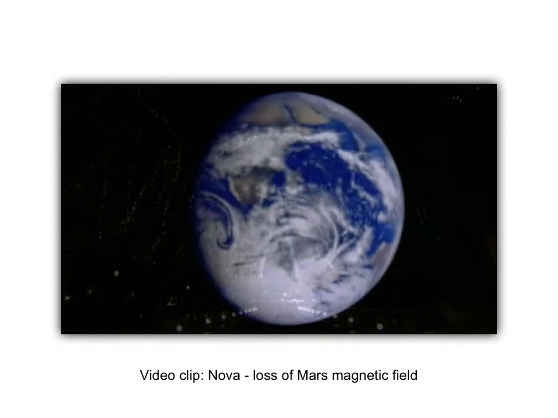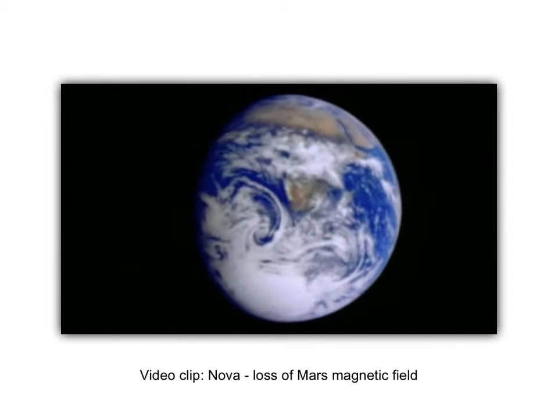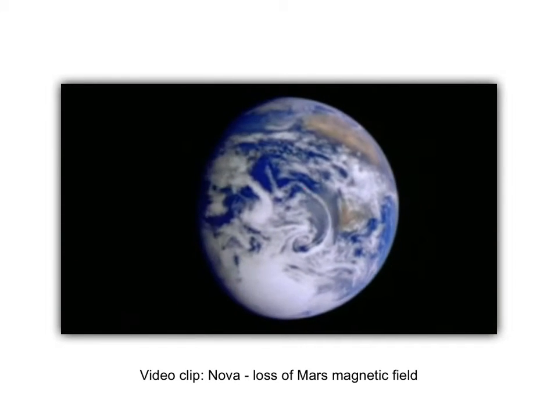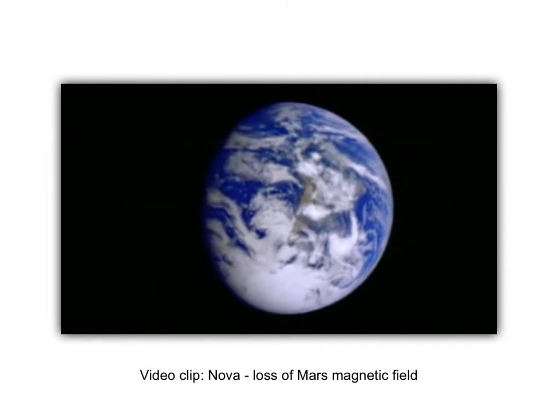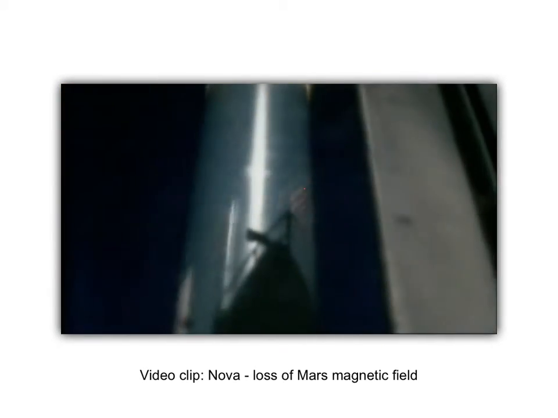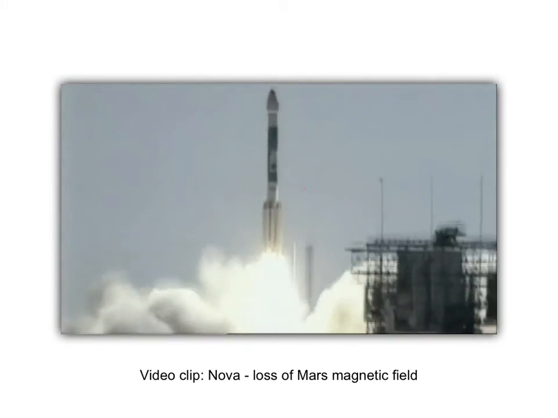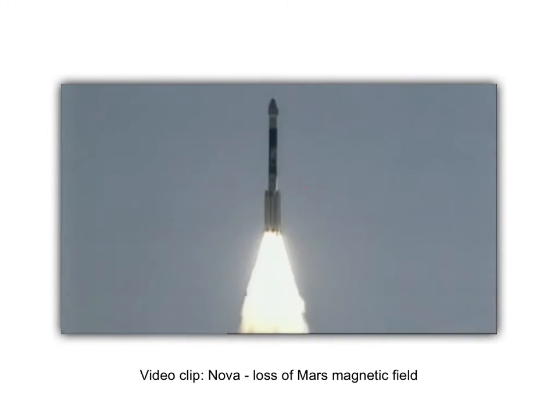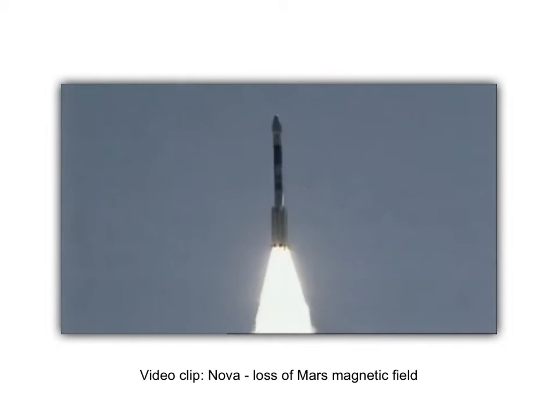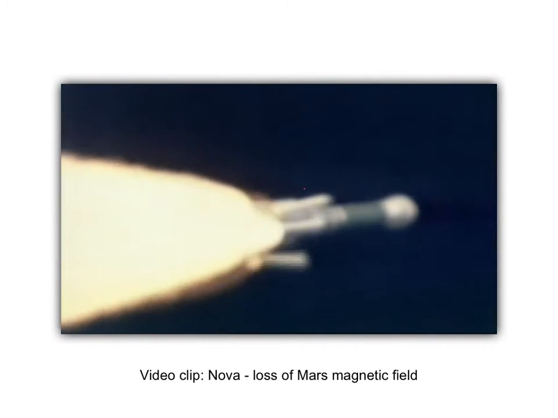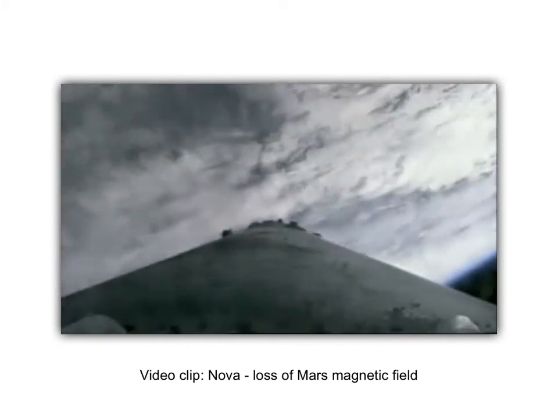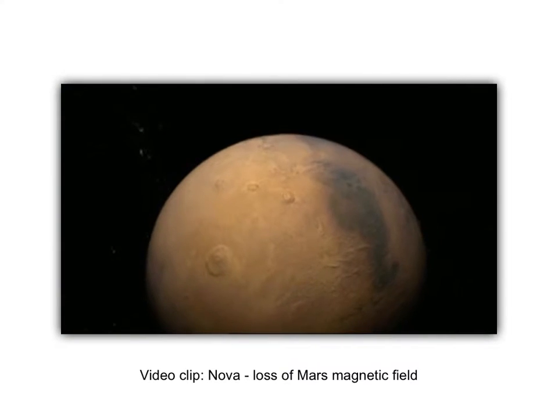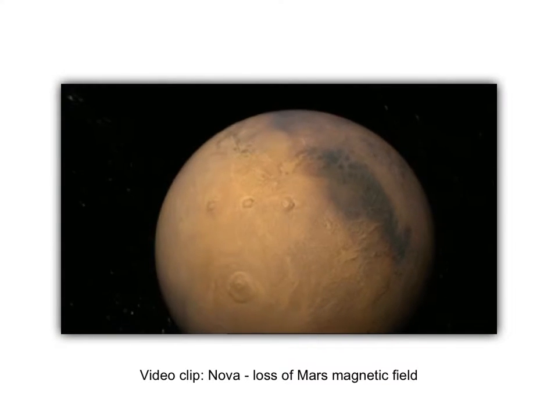What would be the ultimate consequences for planet Earth if the magnetic field were to disappear altogether? 5, 4, 3, 2, 1. We have ignition. The answer has become clear only recently. And we have liftoff of NASA's Mars Global Surveyor as America begins its journey back to the red planet. In 1996, NASA sent a satellite to Mars. Mars has been a difficult planet to get to with spacecraft.